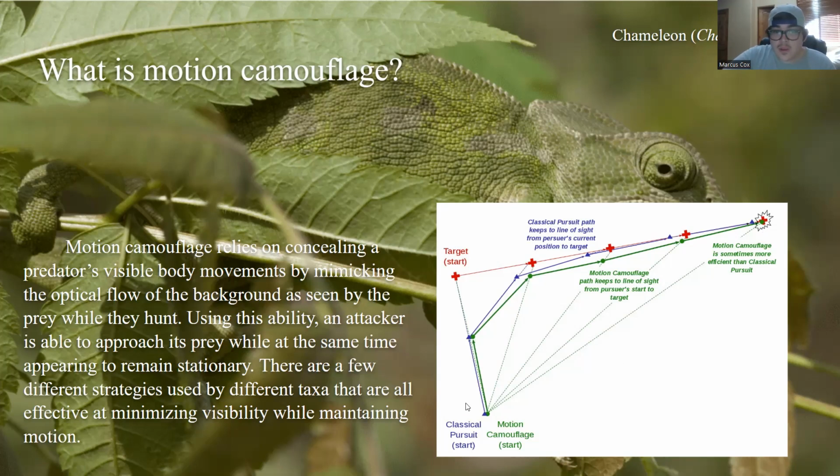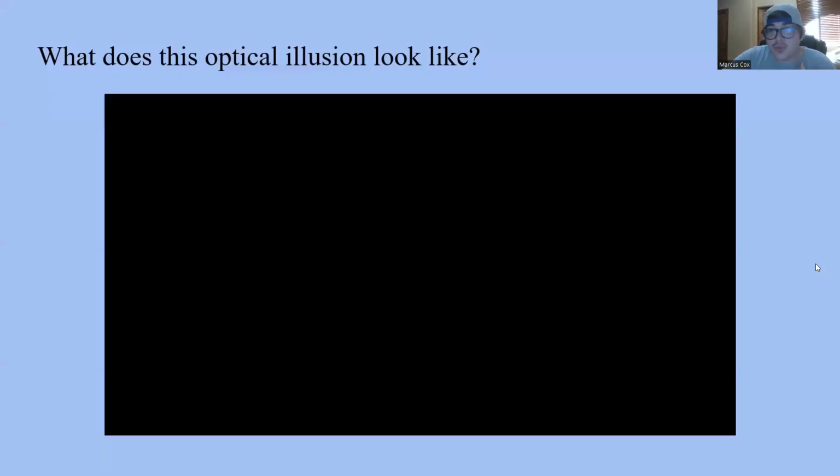Classical pursuit is what the normal predatory birds that aren't falcons do. They'll just follow the prey, and once they get close enough, they'll just follow behind it, giving away their position, not worried about stealth. This is obviously not as successful as motion camouflage, as falcons are able to get a lot closer and get their prey. Motion camouflage usually has a much higher success rate than classical pursuit.